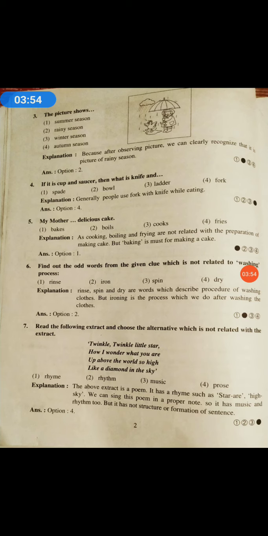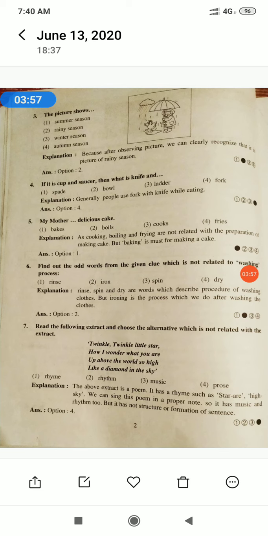Fifth one, my mother dash delicious cake. The options are bakes, boils, cooks, fries. The answer is bakes, because cooking, boiling and frying are not related to the preparation of a cake, but baking is a must for making a cake.